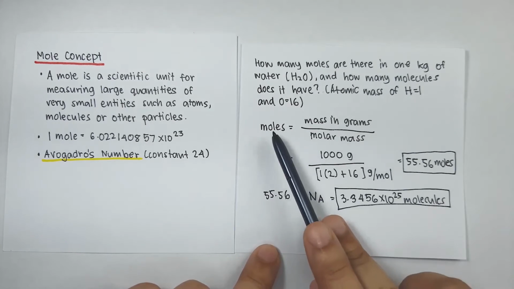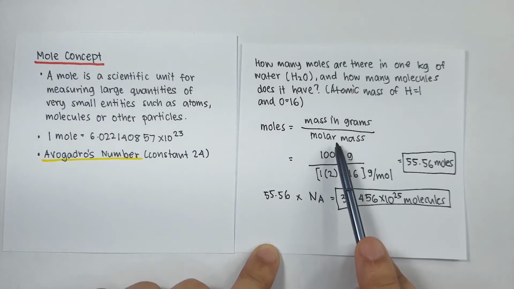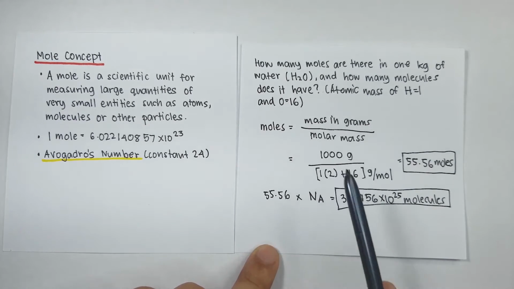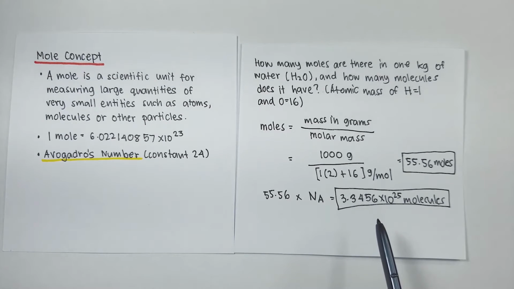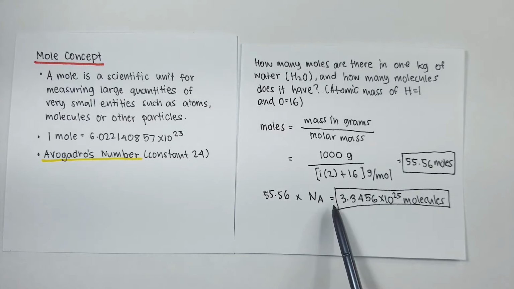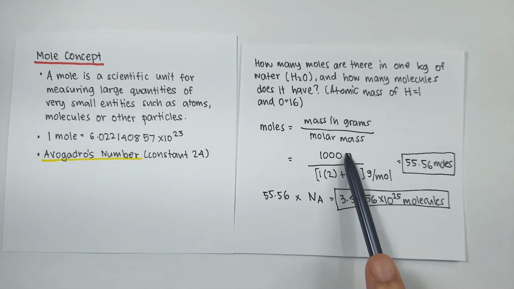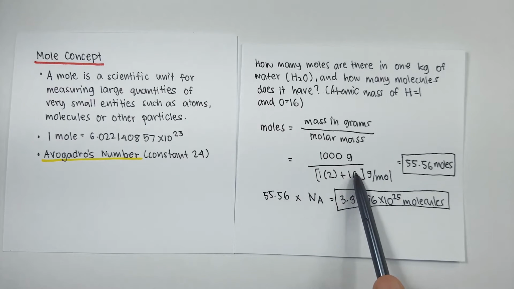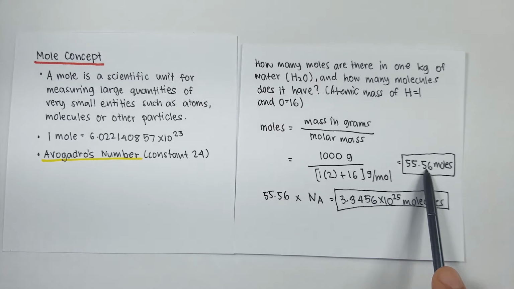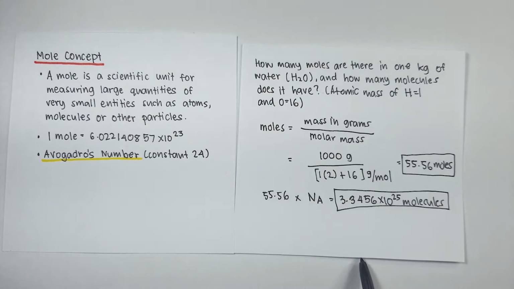So, number of moles is equal to mass in grams divided by molar mass. Mass in grams is equal to 1,000 grams. Molar mass is 1 times 2 plus 16, that is 18 grams per mole. So, 1,000 grams divided by 18 grams per mole, that is equal to 55.56 moles.